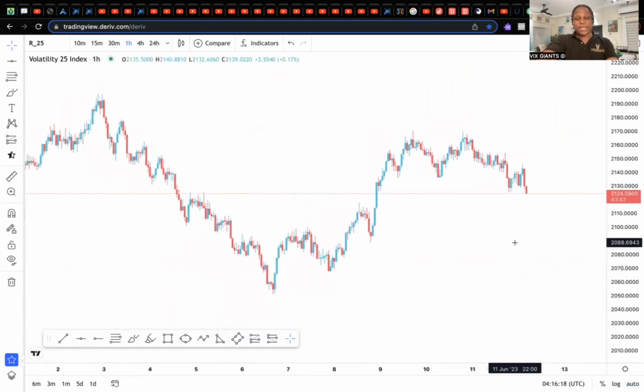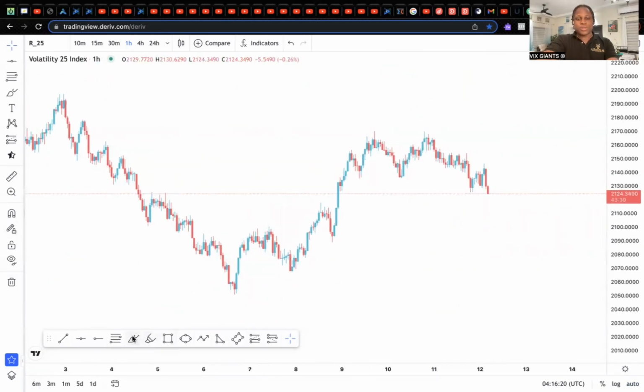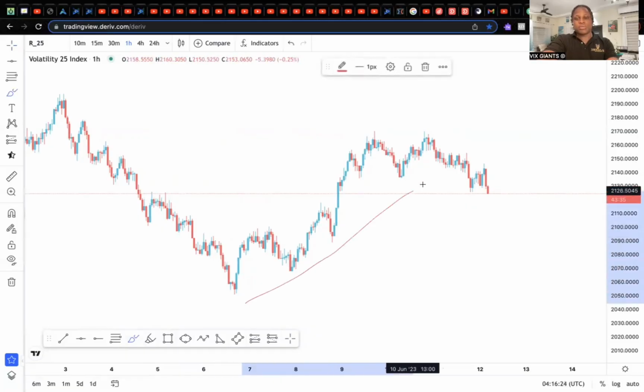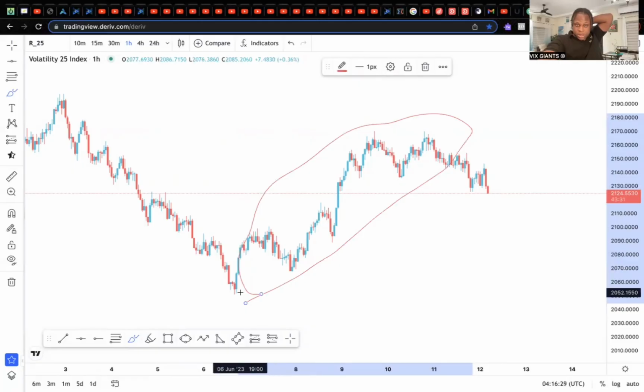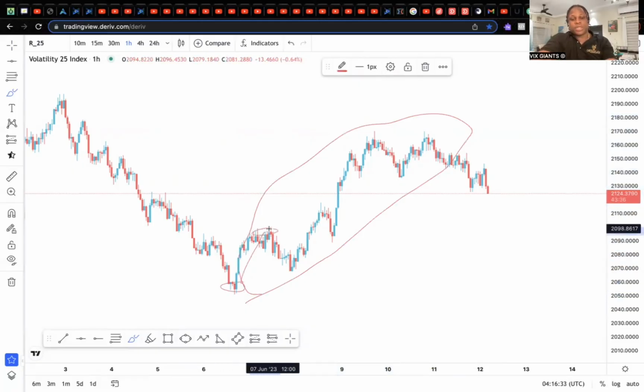So if we look right here, we notice that the market pretty much is moving in an upwards direction. So we pretty much created a low here, market push up, created a high, higher low, higher high, higher low, higher high.